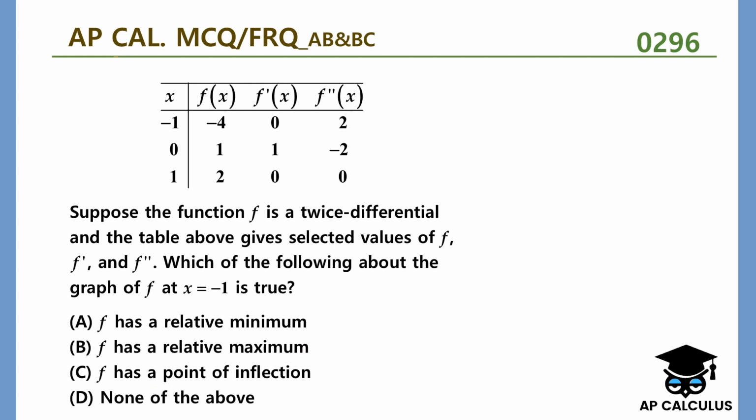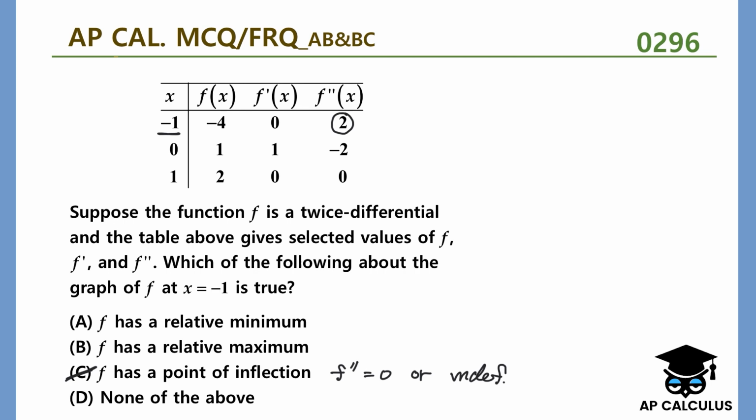Well, f has a point of inflection if f double prime changes from positive to negative, right? Which means at the point, the second derivative has to be equal to 0 or undefined, right? At x equal -1, the second derivative is positive 2, right? Then that means we do not have a point of inflection at x equal -1. So C is not true, right?